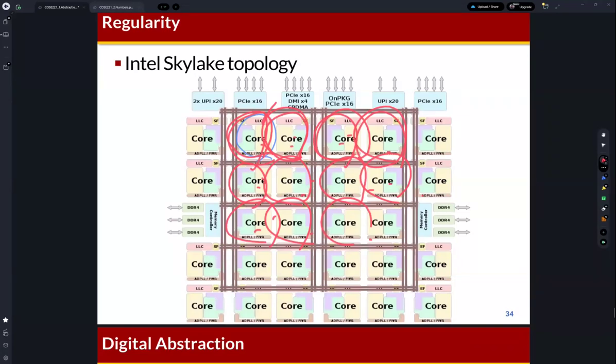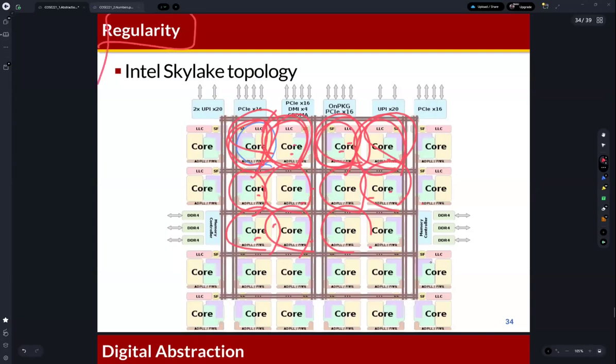We don't need to design different cores inside of a GPU or CPU. We can just copy and paste. Why? Because of regularity. If we use a regular design, then we can repeatedly use the same design.